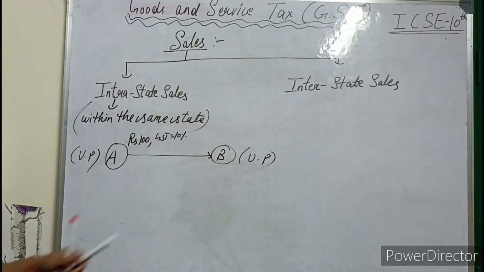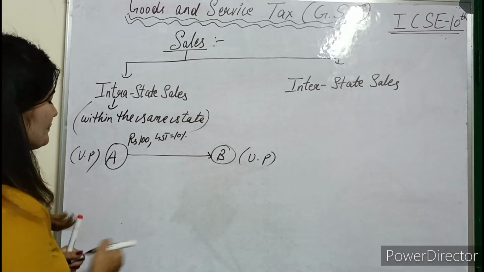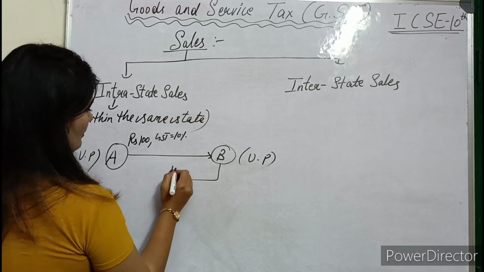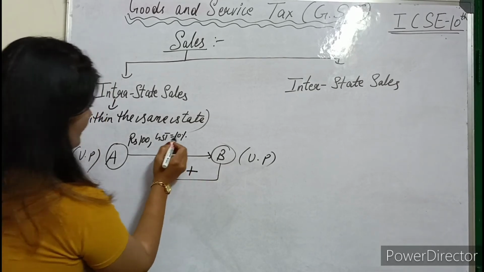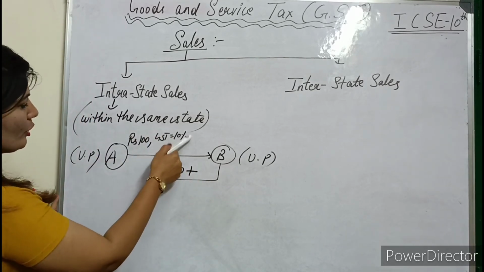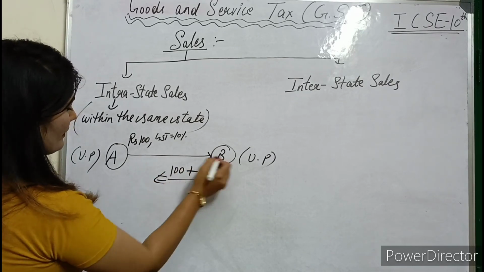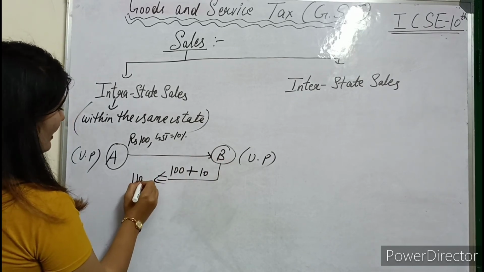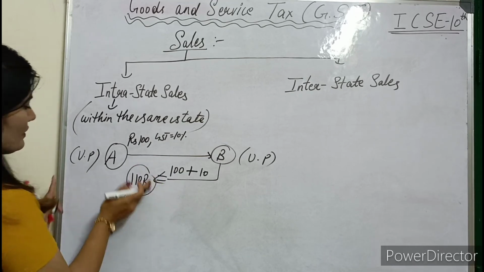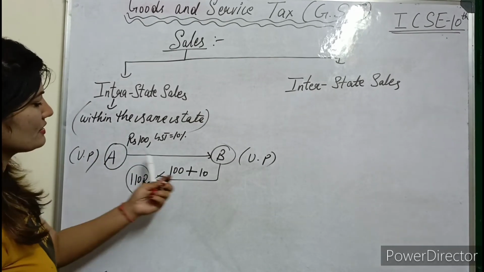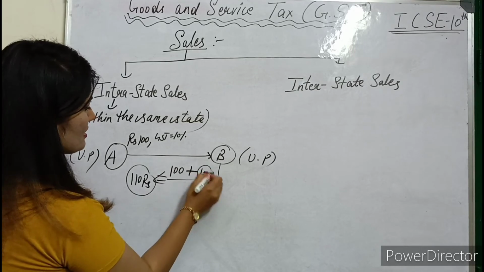So person B has to pay rupees 100 plus GST of 10%. 10% of 100 is again 10 rupees. So in total, person B has to pay 110 rupees to person A. Now this 10 rupees is the GST.